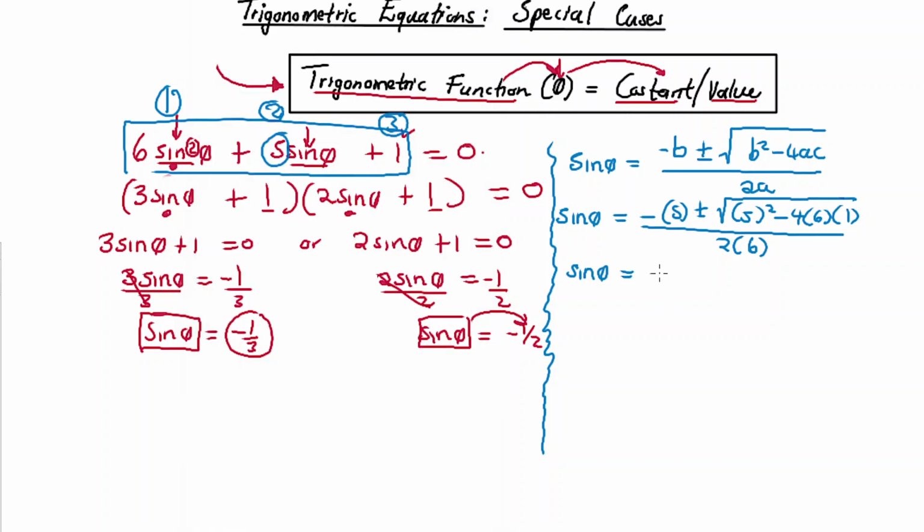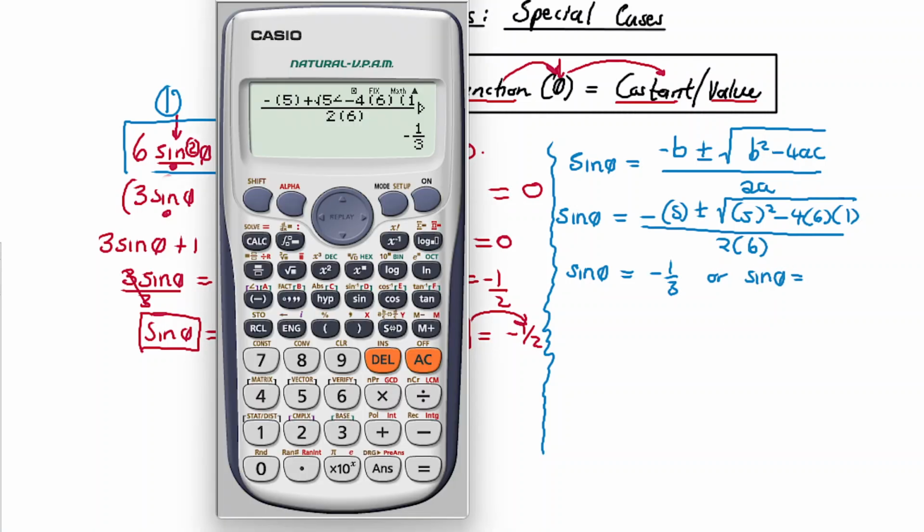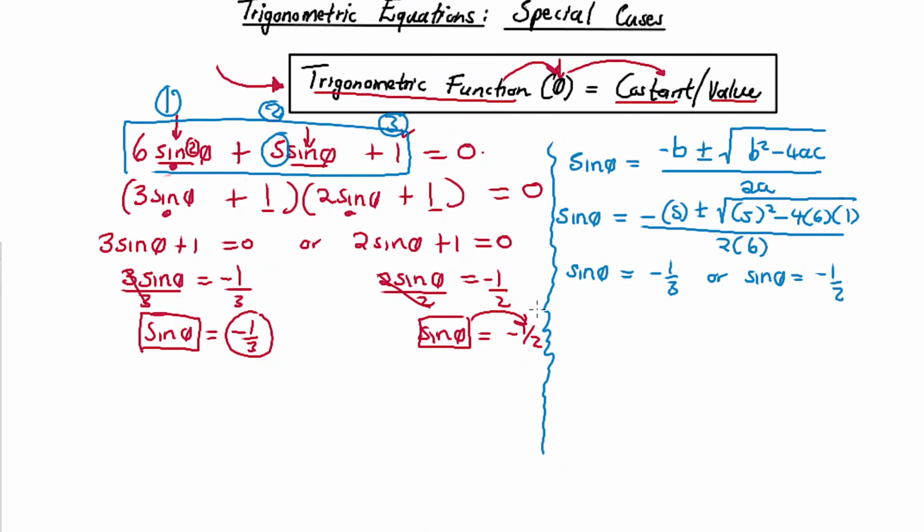The first one is minus 1 over 3, or sine theta equal to, then we change this sign to be a minus, equal to a negative half, same as this. So it's not a train smash. If this method is defeating you 100,000 times, just stick to the quadratic formula, okay?